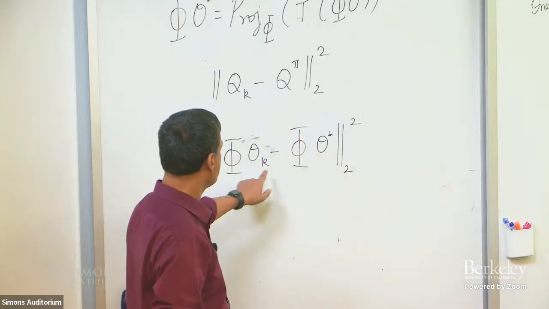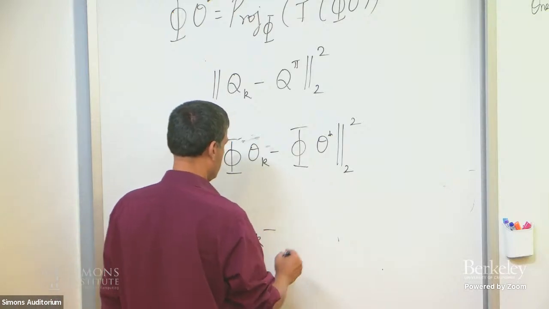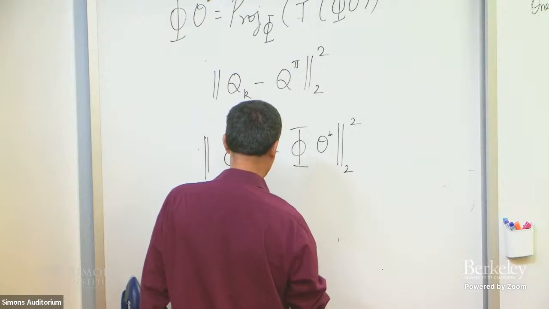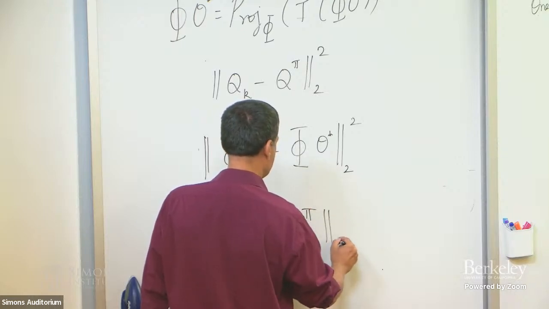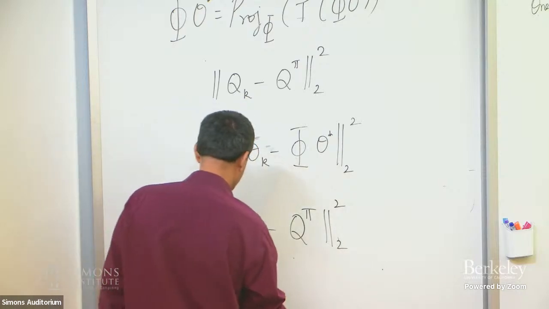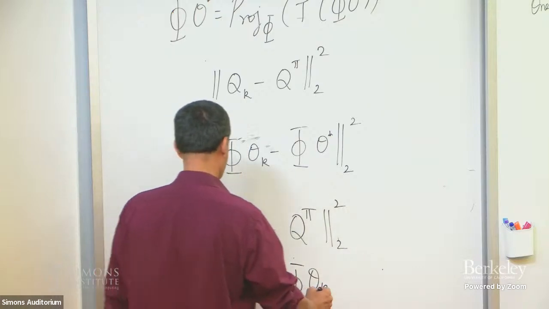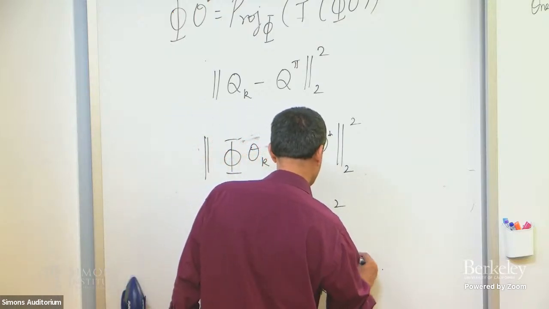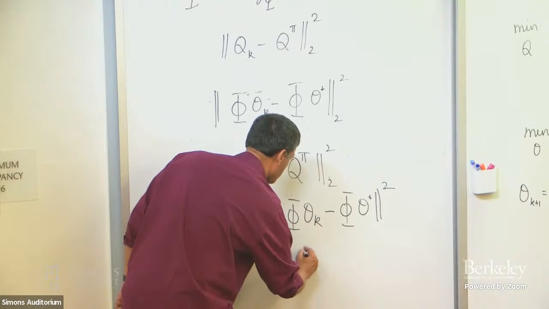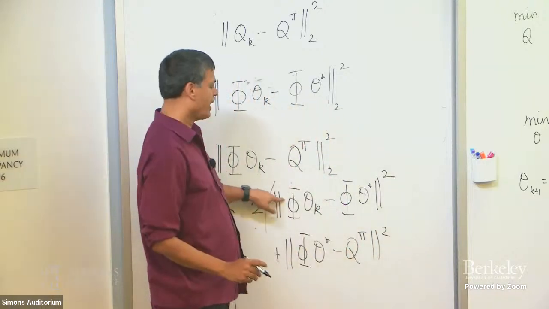So if you are interested in the error between the approximation and the true Q pi, this is less than or equal to 2 times, right, we have characterized this.